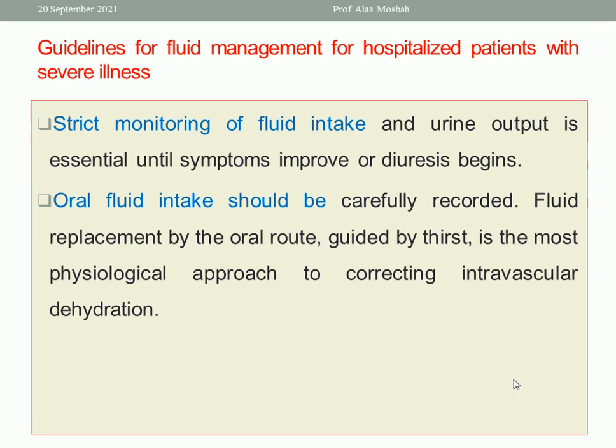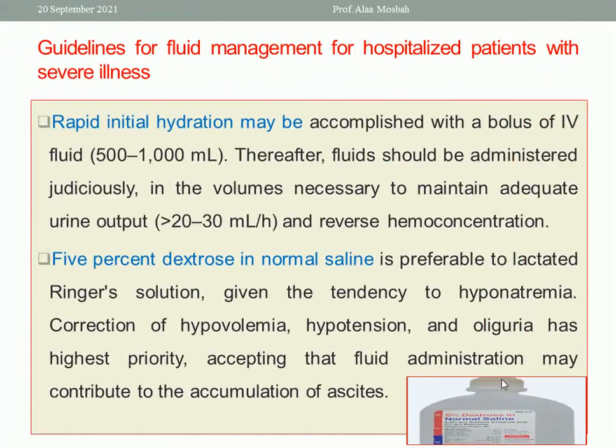Oral fluid intake should be carefully recorded. Fluid replacement by the oral route guided by thirst is considered the most physiological approach to correcting intravascular dehydration. But what if the patient cannot swallow oral fluid because of severe nausea and vomiting? Intravenous fluid is a choice.